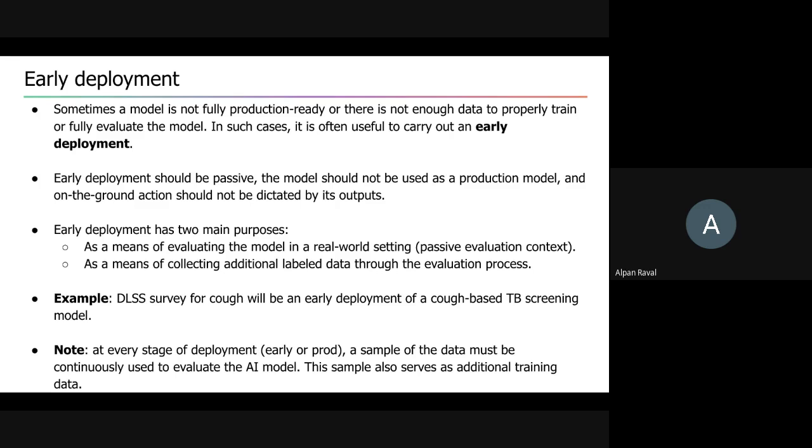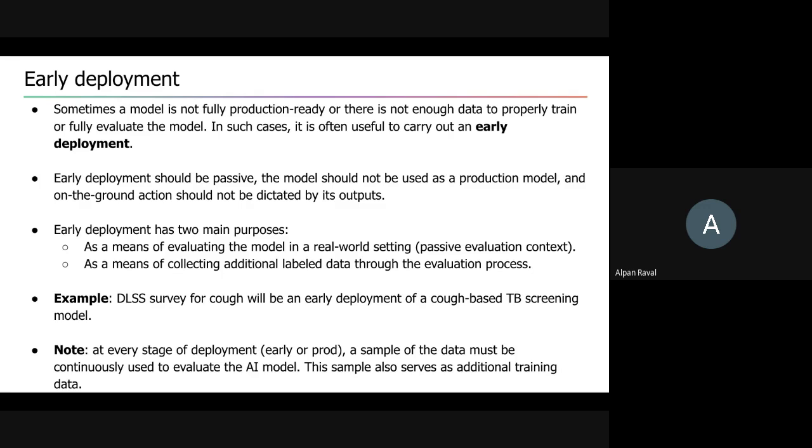Now, the moment you know the ground truth, you've created an additional training data point for the AI. So every evaluation is also collecting additional labeled data for you. And this is the advantage of a passive evaluation or an early deployment: it's a means of collecting additional labeled data through the evaluation process.